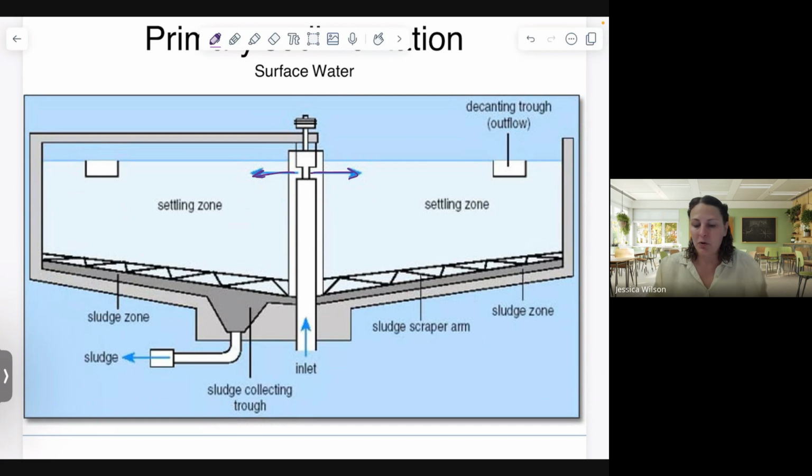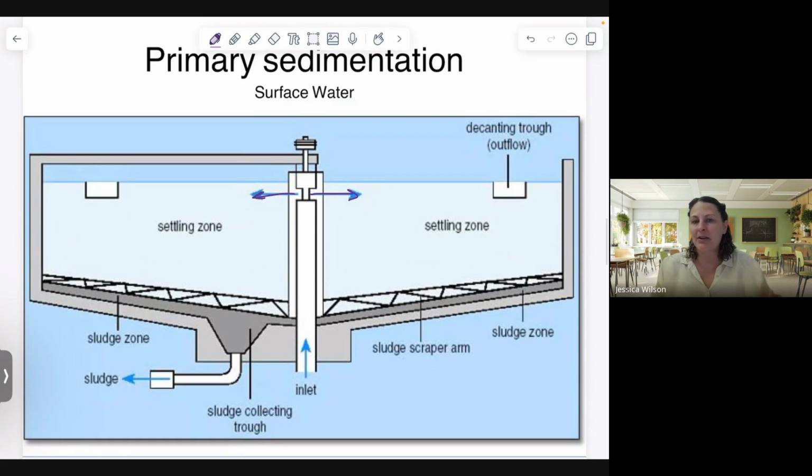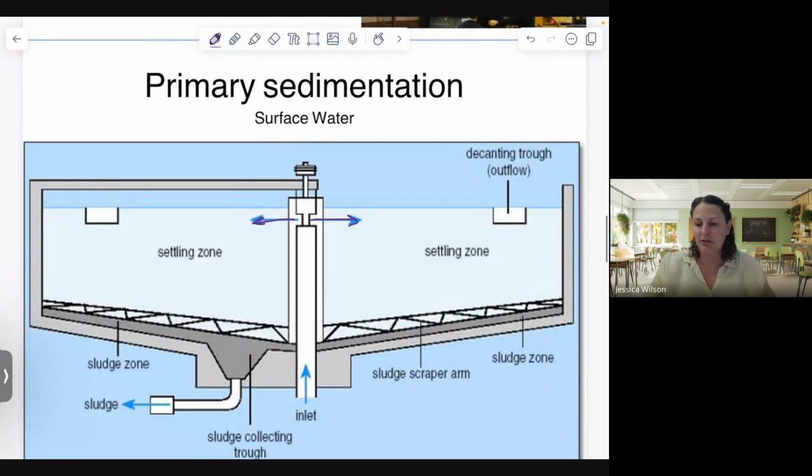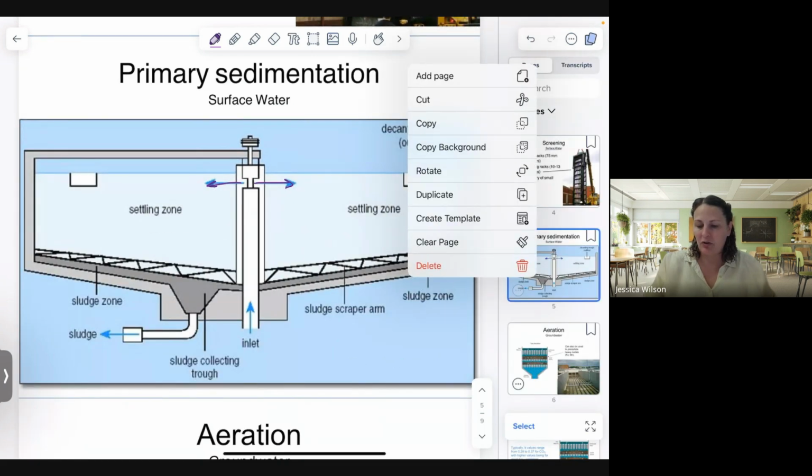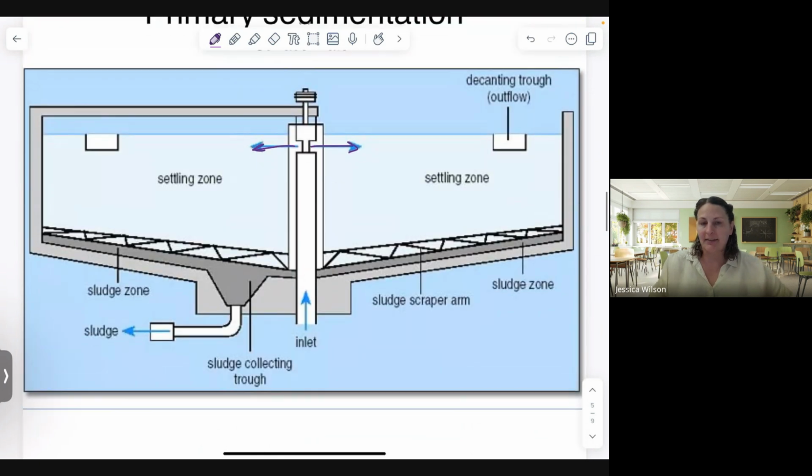Okay. And so there's a couple of important design terms that we should introduce here to get a better sense of actually how these particles are settling in this treatment process.